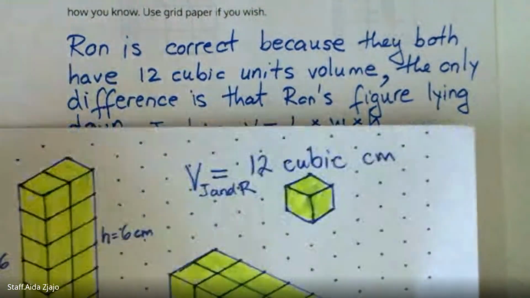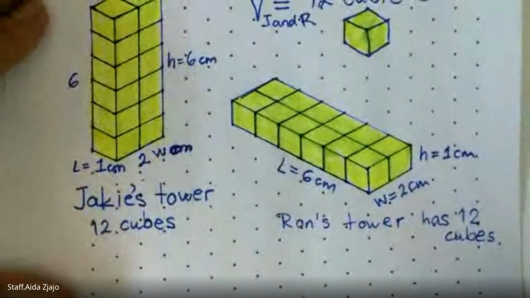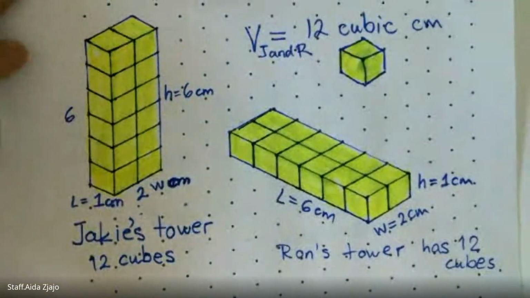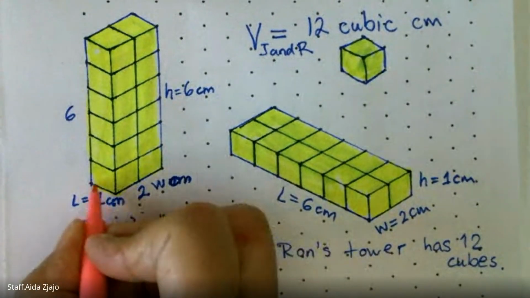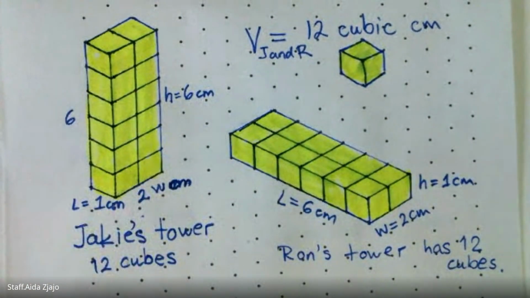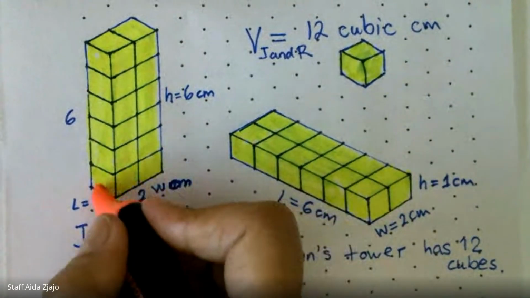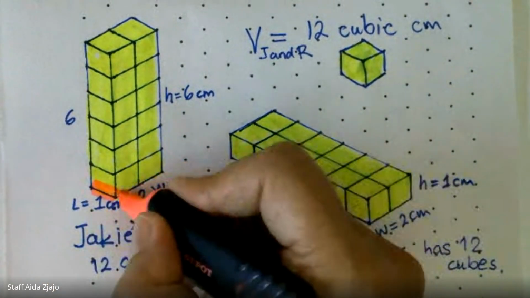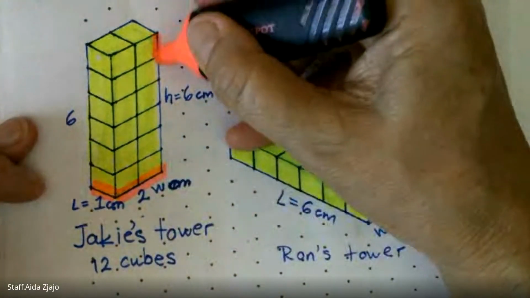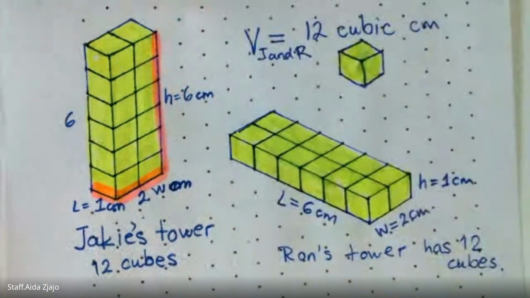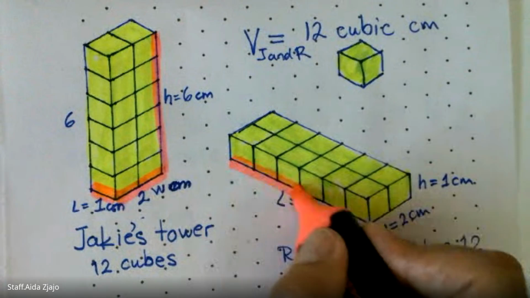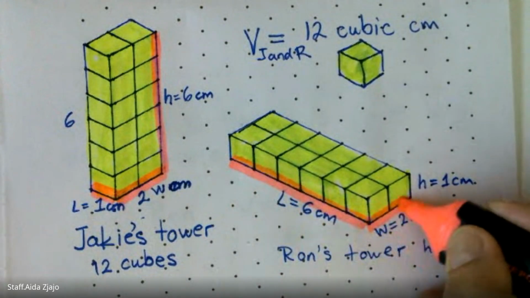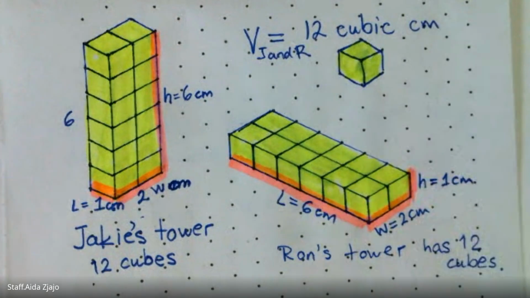If you look at the picture, this is what it means. Jackie's is 1 by 2 by 6, while Ron's is 6 by 2 by 1.